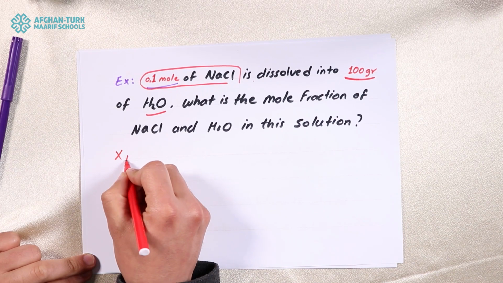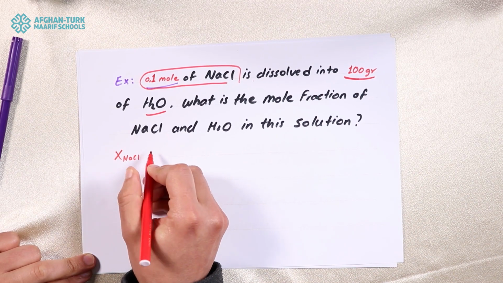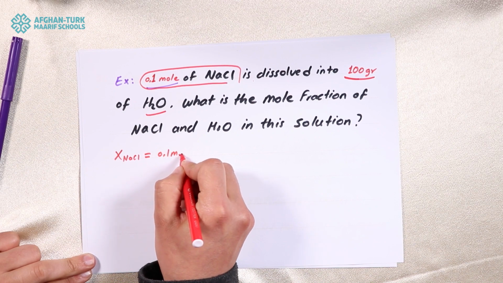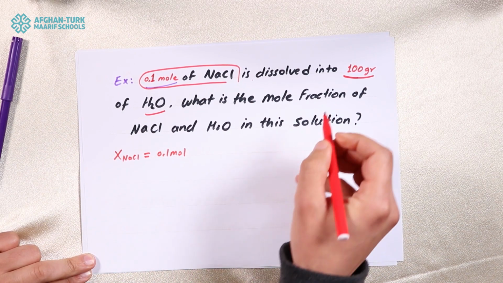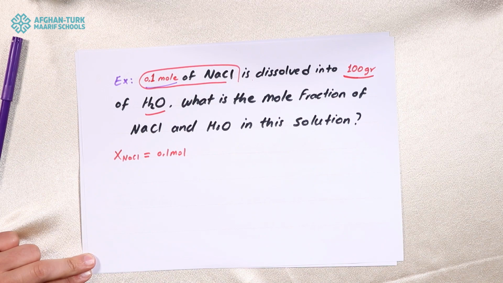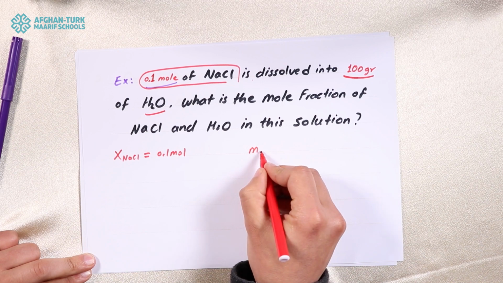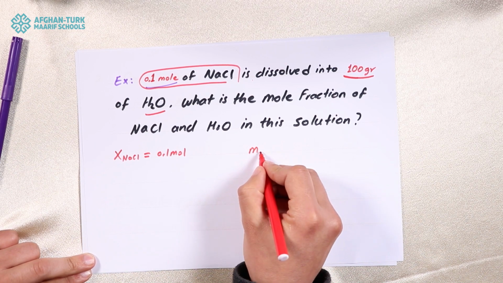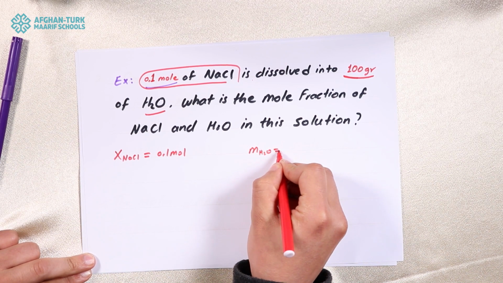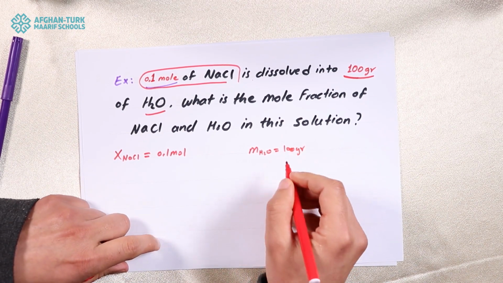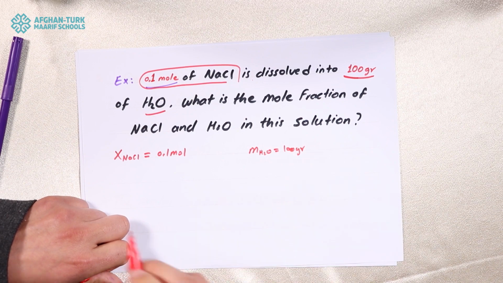Mole fraction of sodium chloride is what? We have 0.1 mole here, but we also have 100 grams of water. It gives us the mass of water. We should change the mass into the mole, as you studied last session. Mass of water is equal to 100 grams. We can change gram to mole.